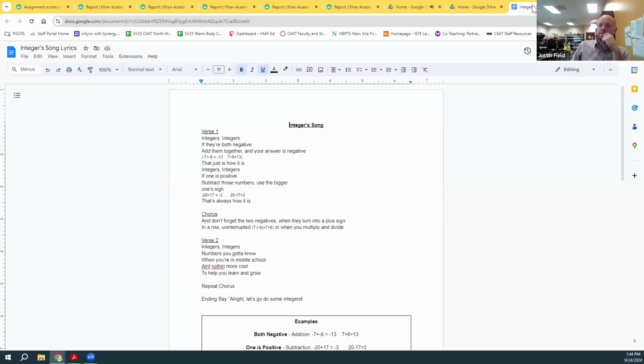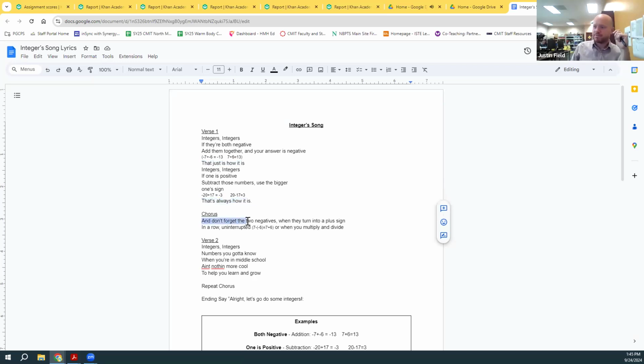Integers in the field living room. Integers, if they're both negative, add them together and your answer is negative. That's just how it is. Integers, if one is positive, subtract those numbers, use the bigger one's sign. That's always how it is.